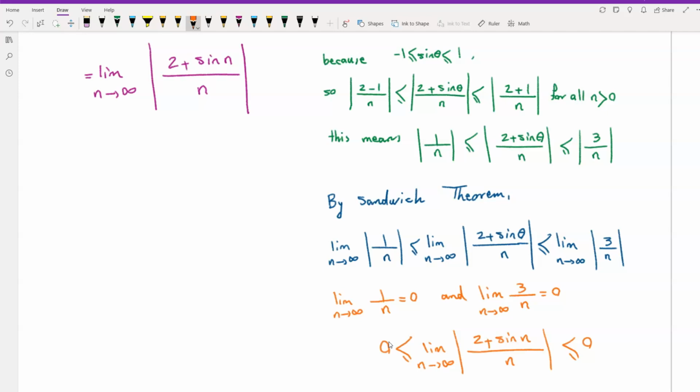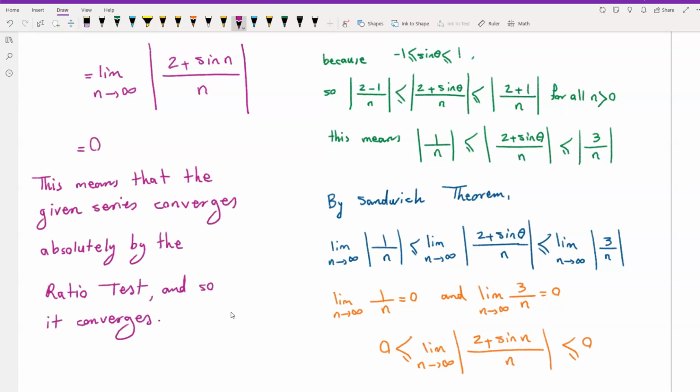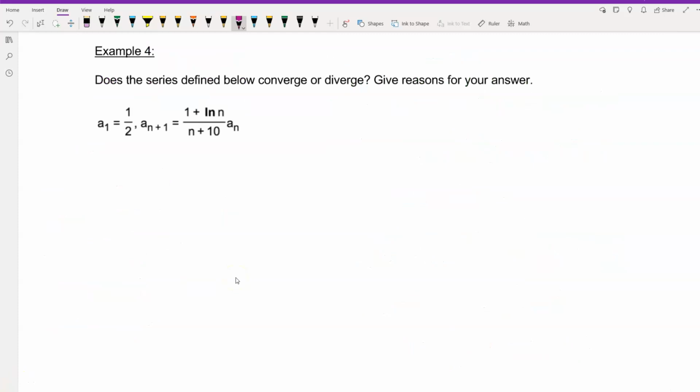What that means, what we had here on this part, limit of absolute value of 2 plus sine over n as n approaches infinite is equal to 0. So our answer is 0. This means that the given series converges absolutely by ratio test, so it converges. Does the series defined below converge or diverge?